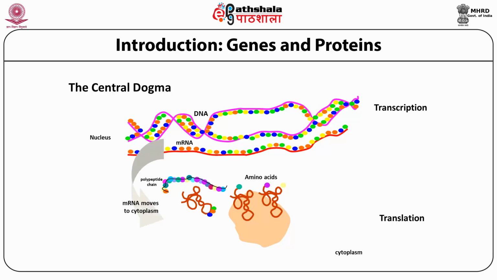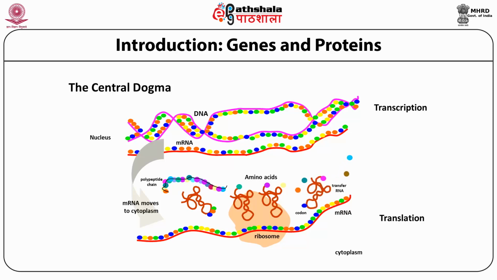Once in the cytoplasm, the messenger RNA interacts with a specialized complex called as the ribosome, which reads the sequence of messenger RNA bases called as codons that codes for a particular amino acid. A type of RNA called as the transfer RNA assembles the protein by putting together one amino acid at a time until the ribosome encounters a stop codon.